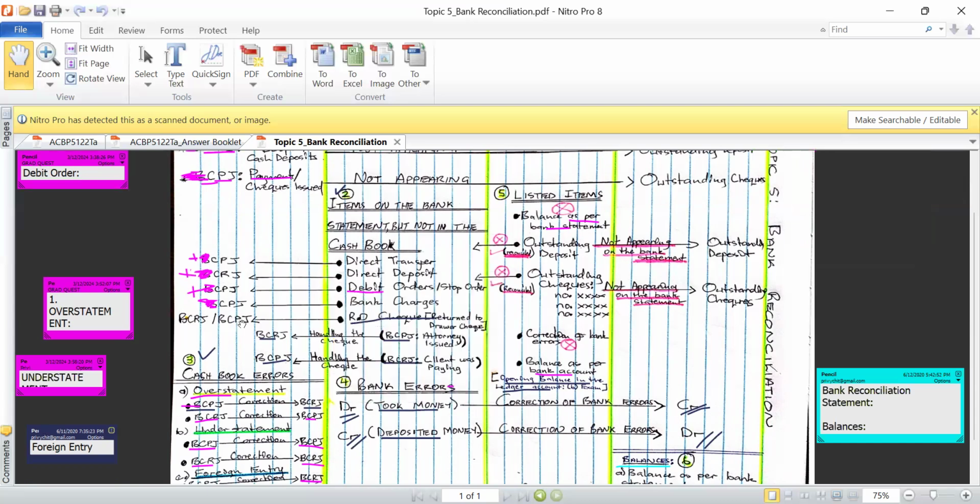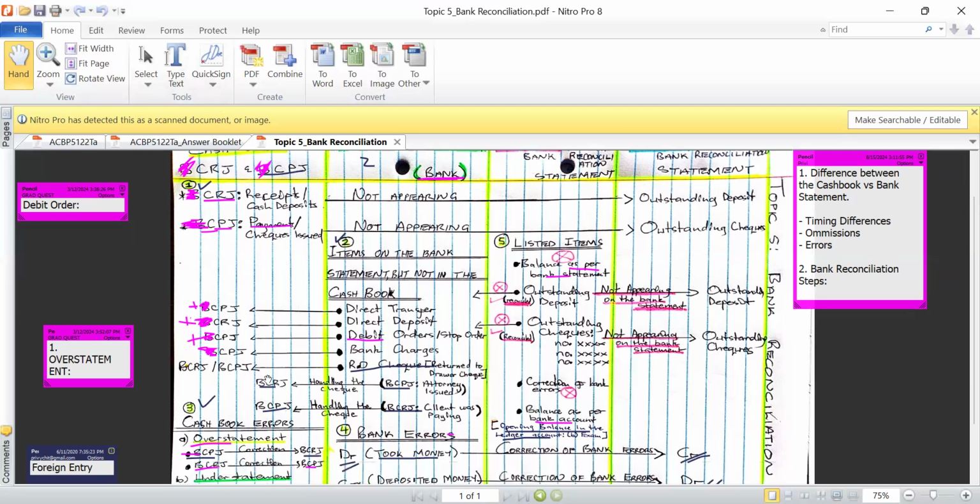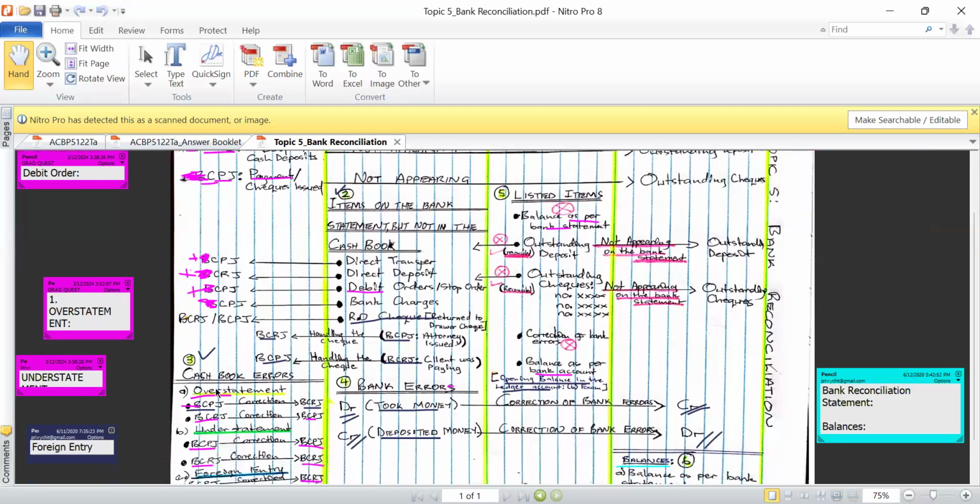Now, young men, in your books as a company, in the cash book, because remember the cash book is what you have as your internal records as a business, you can make some mistakes in recording certain transactions. Those mistakes or errors that you make, we call them cash book errors. Errors made by the business in their cash book, we call them what?